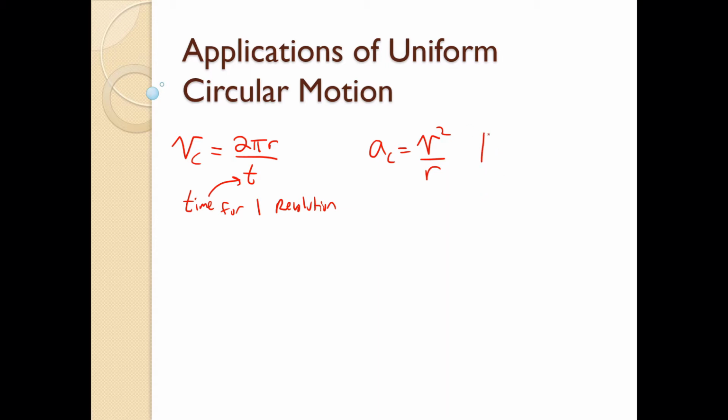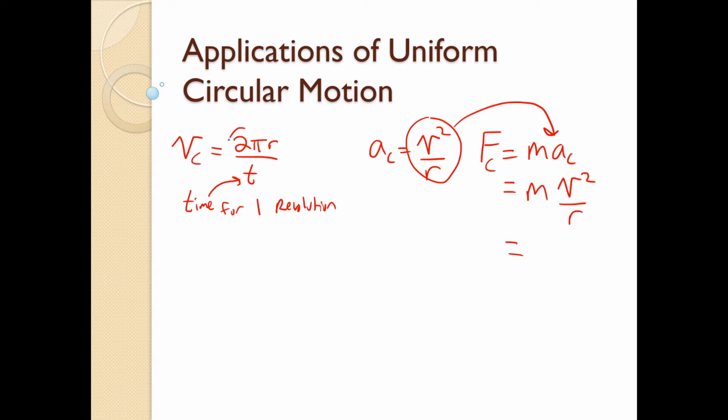And then from there, we expanded it to talk about centripetal force as mass times centripetal acceleration. And this means then that if I substitute this for centripetal acceleration, I can get centripetal force as mv squared over r.